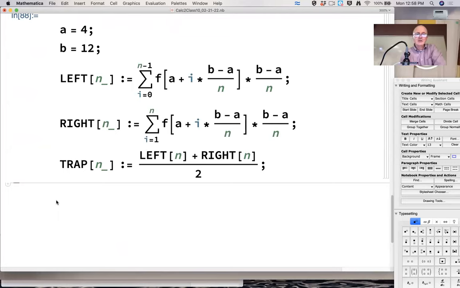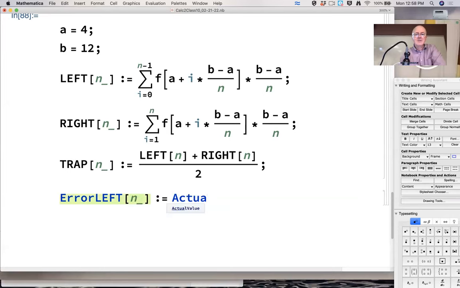Now, I didn't do this in the first class, but I think I'll go ahead and do it here. Let me go ahead and define these to be functions of n. Error left of n is actual value minus the left value. That's the approximation. That'll compute the error in the left-hand rule.